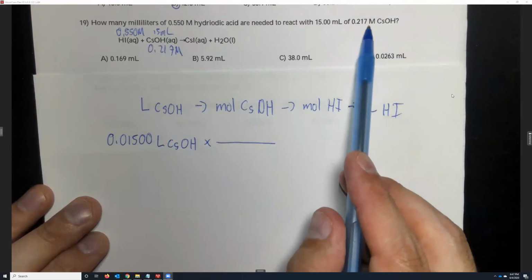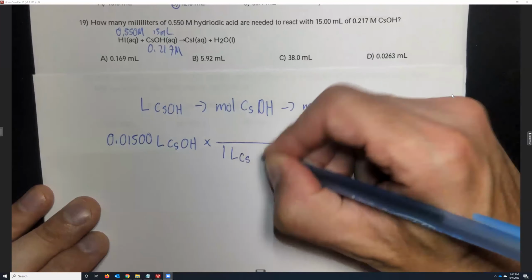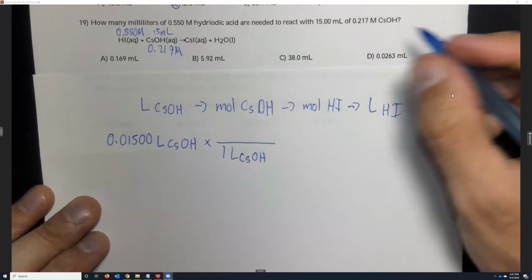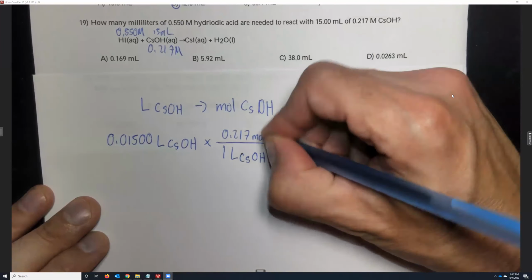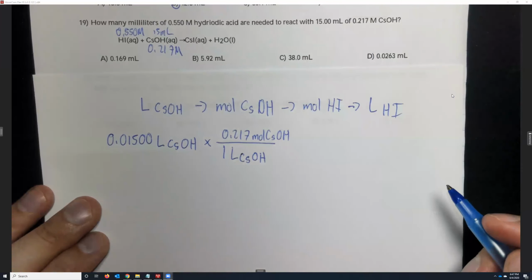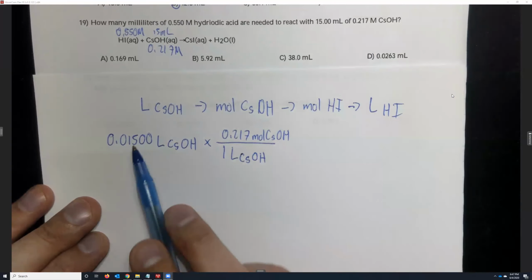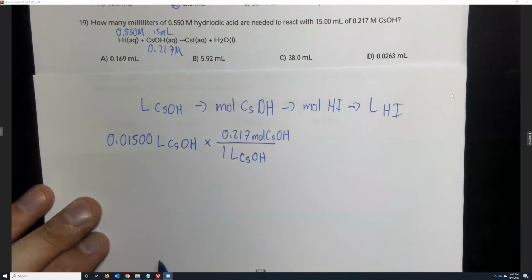So if this is 0.217 molar, it means for every 1 liter of this particular cesium hydroxide solution, it contains 0.217 moles of cesium hydroxide. So there are essentially 2 things you need to be able to convert to moles: grams and liters. To convert grams to moles, you use a molar mass. To convert liters to moles, you use a molarity, as shown.